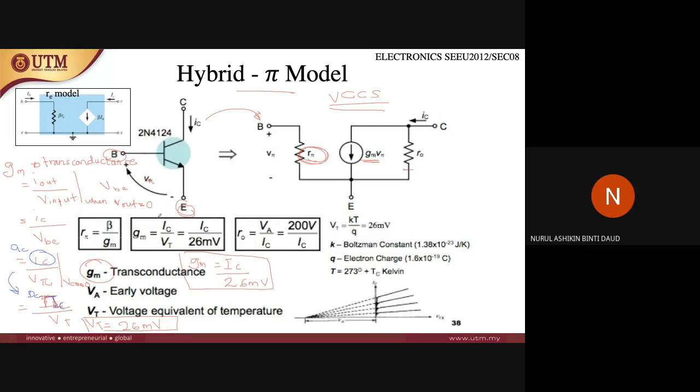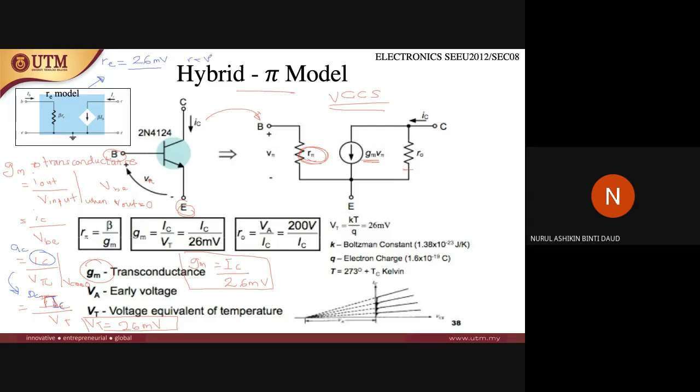Okay, next. These cases can also be used for the re model. I'm comparing these two circuits here. For the re model, the value of re is 26 millivolts, which is the value of voltage, over the current.